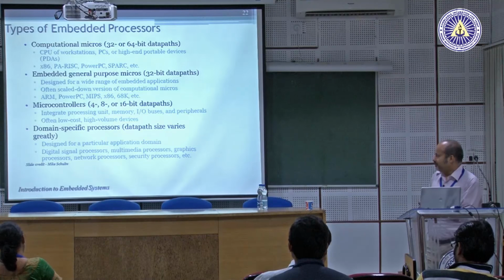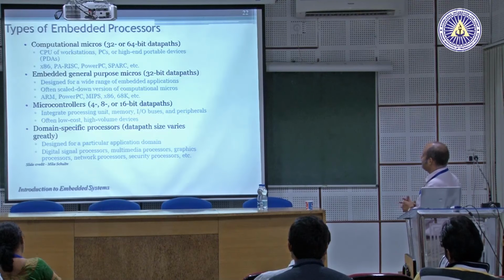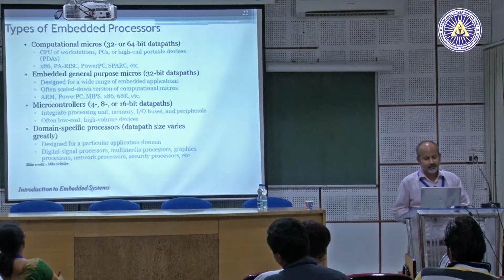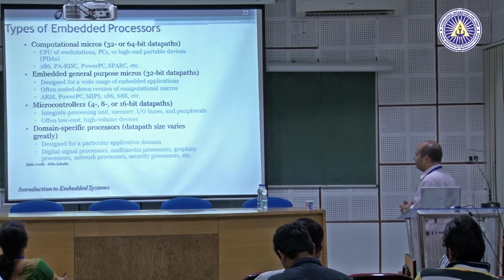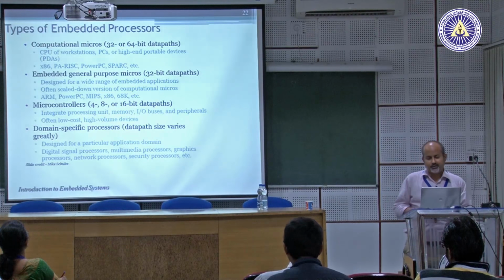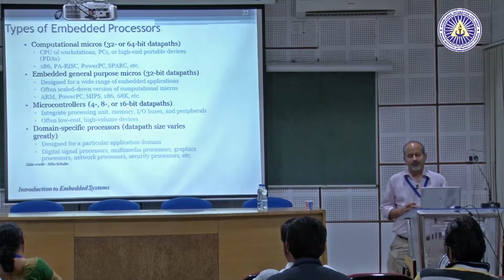Now, general purpose embedded processors have a 32-bit data path, and they are also pretty common these days. ARM is the leading company that designs these; they don't manufacture them. Then you have MIPS, PowerPC, and also old x86, 68K, and so on.